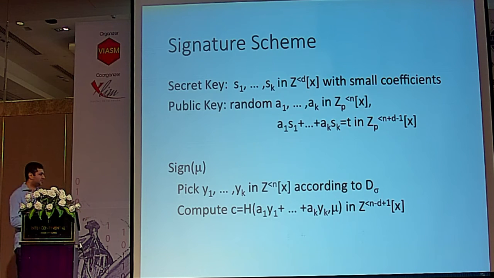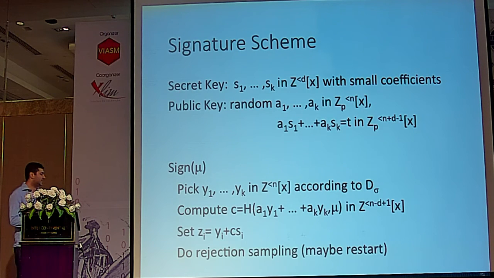So you compute the hash of the sum of the products of ai, yi's. Then you set your zi's equal to yi plus c si. Then the problem with lattices is that the distribution of the zi's is kind of dependent on the s. So you have to do some rejection sampling, maybe restart the procedure. Okay, and then you output the zi's and c.